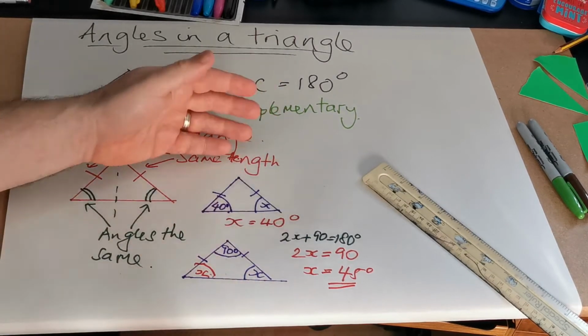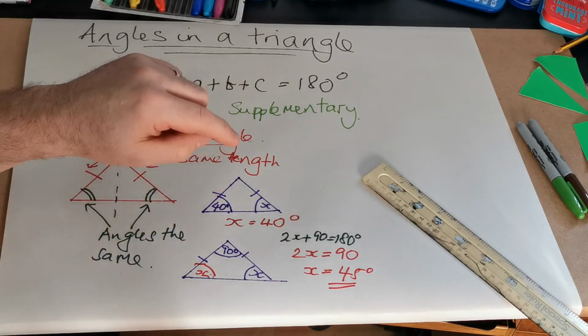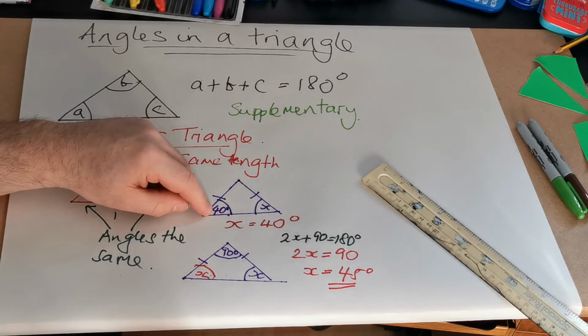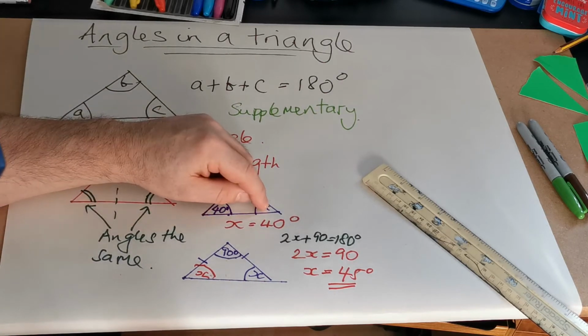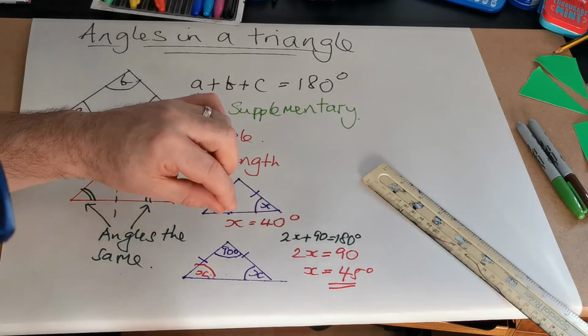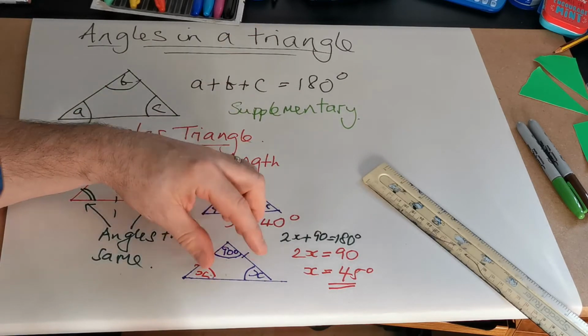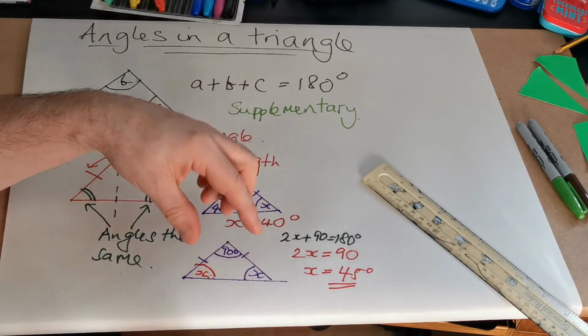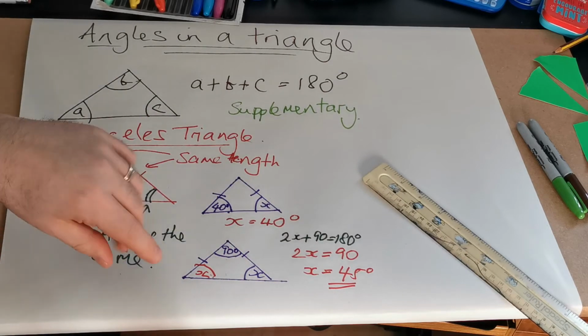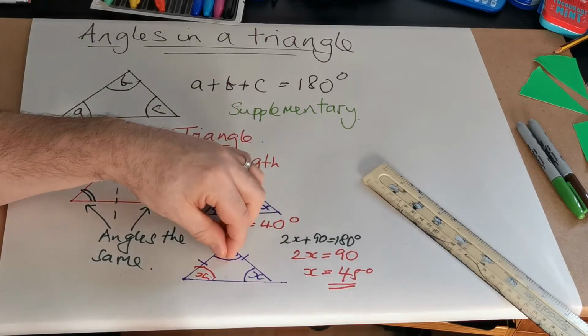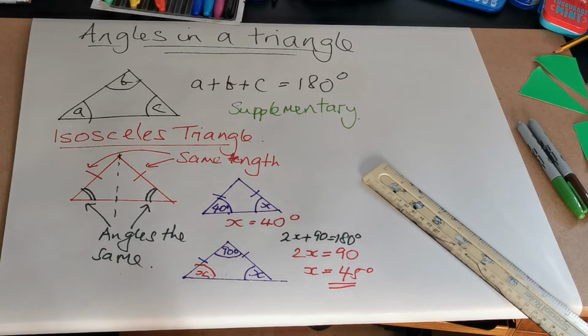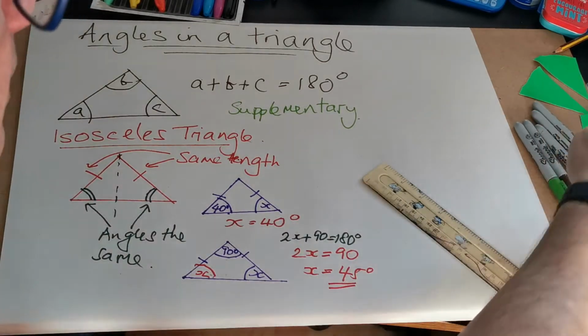So beware of the two types of questions. One of them is, here's one of the angles, let's find the equal one. And the other one is, here's one of the angles, but we don't know either of the equal ones. So we can work that out by knowing that two of them, add the angle up here, would make the 180 degrees. So we just have to do some simple algebra.